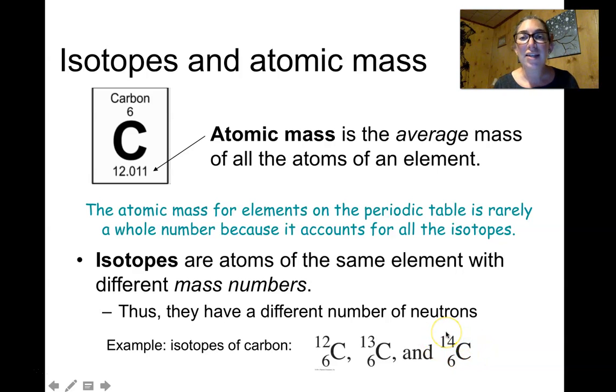And carbon-14 has 8 neutrons. These are 3 different isotopes of carbon. They all have 6 protons, so they're all carbon atoms, and they also all have 6 electrons. It's the number of neutrons that differs, and since neutrons weigh 1 atomic mass unit each, it changes the mass of each of these.